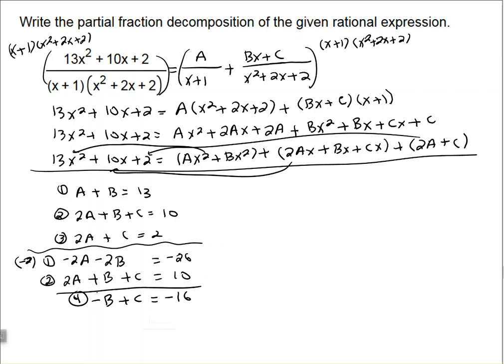And then let's just use 1 and 3. Again, I have 2a in equation 3. So I'll multiply equation 1 by negative 2.